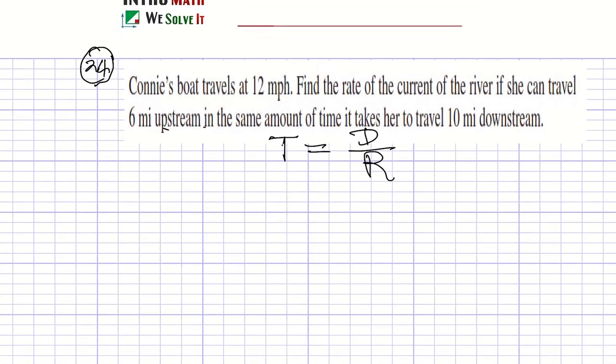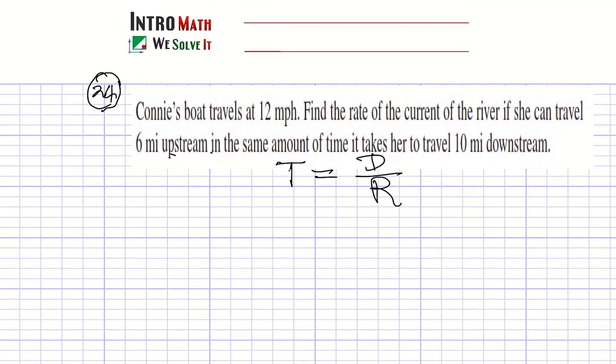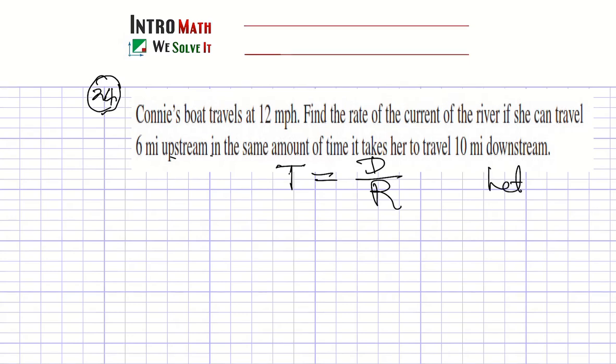Well, we have to use the idea of downstream and upstream. What we're looking for, let x be the rate of current. Not the rate of the boat, the rate of current. So we have the rate of the boat for both upstream and downstream.